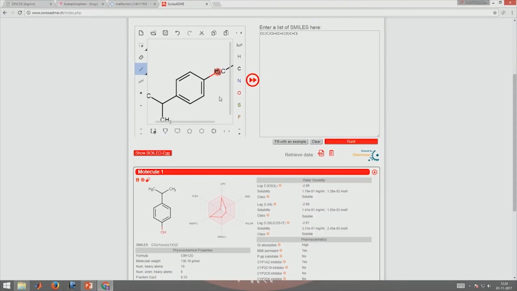Okay, so instead of OH I made it into an OCH3, so it will become more hydrophobic. Let us see what happens to it.